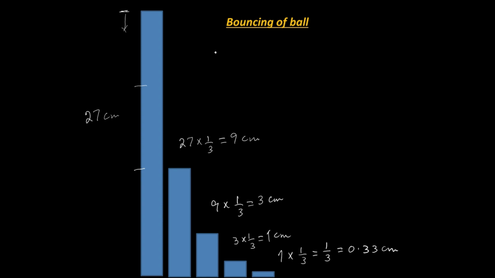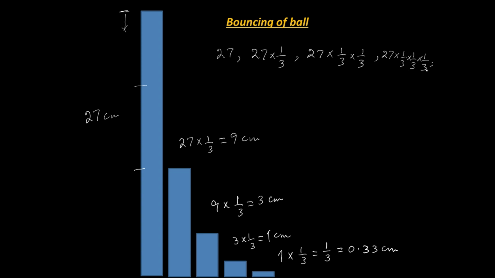So this is a sequence like this: 27, then 27 multiply 1 by 3, which is 9 centimeter, then this is again multiplied with 1 by 3, and for the fourth one, 27 multiply 1 by 3 multiply 1 by 3 multiply 1 by 3.